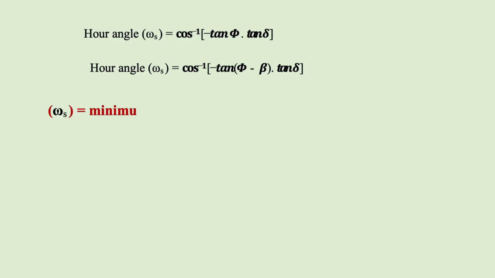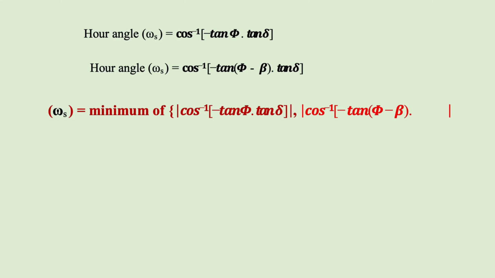For these two equations we follow this: omega s is the minimum of the modulus of cos inverse of minus tan phi tan delta, or the modulus of cos inverse of minus tan (phi minus beta) tan delta. If we calculate omega s using these two equations, the minimum value we get will be considered as the hour angle for the whole day.